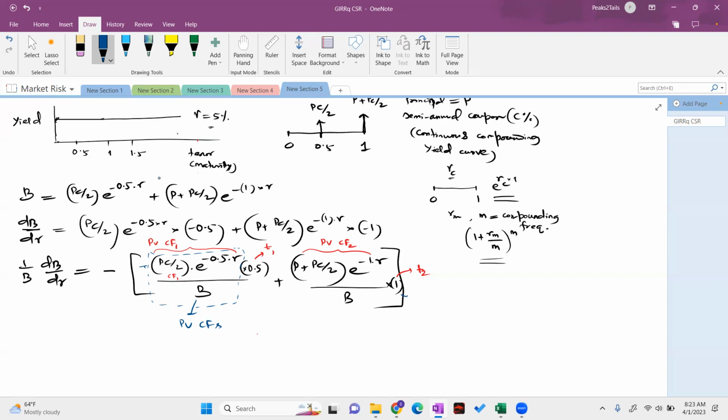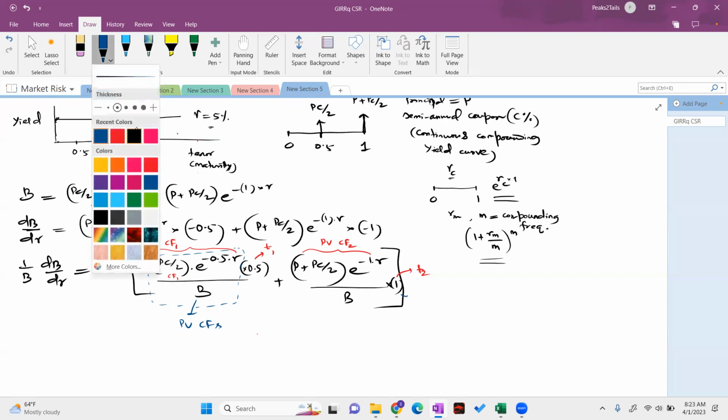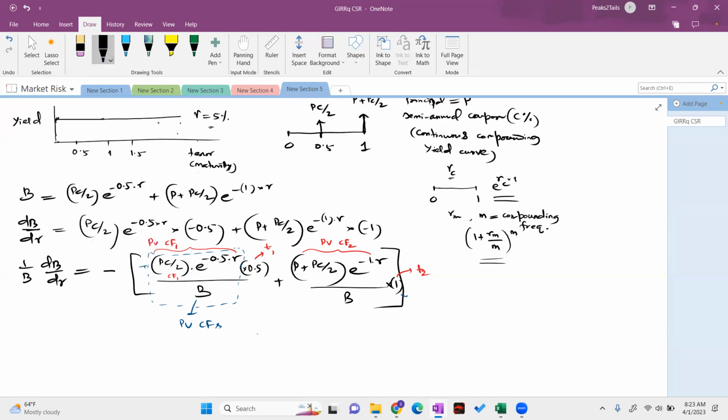What is this called, guys? It's nothing new. This is equal to minus duration. Yes, D. D is called duration. To be more specific, it's called Macaulay duration.